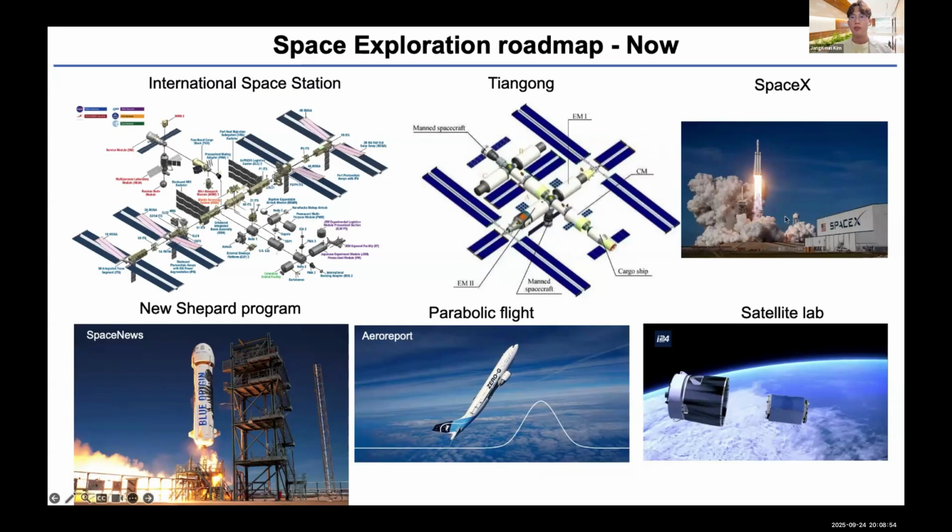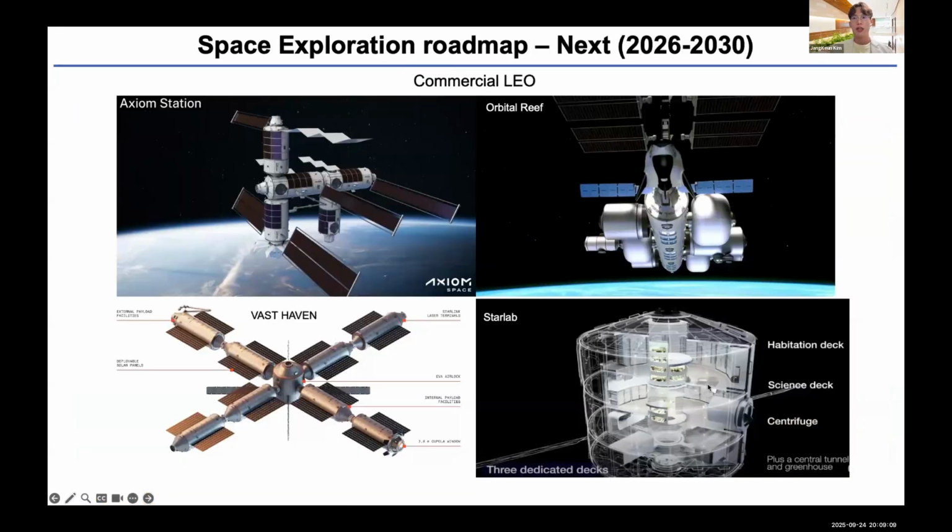For orbital launch, SpaceX provides some missions, and Blue Origin supports suborbital flight from the New Shepard program, with public flights or satellite labs. And in 5 years, there are supposed to be multiple commercial LEO destinations, for example, Axiom Station, Orbital Reef, Vast's Haven station, and Sierra Space Starlab.